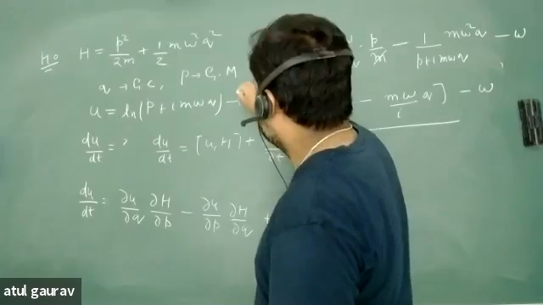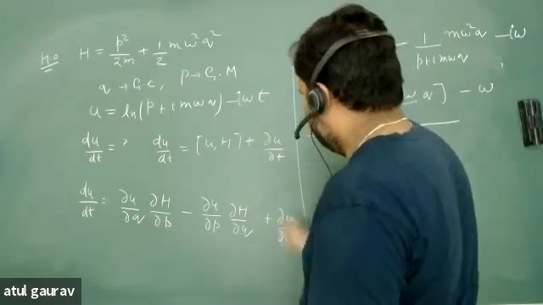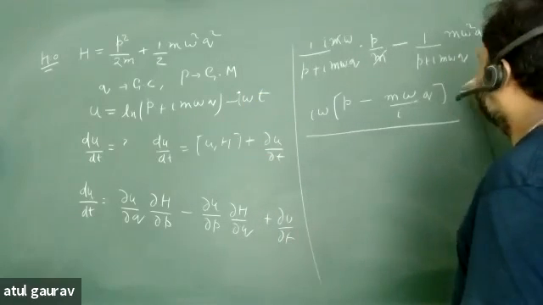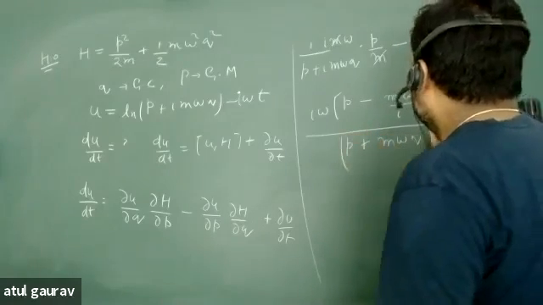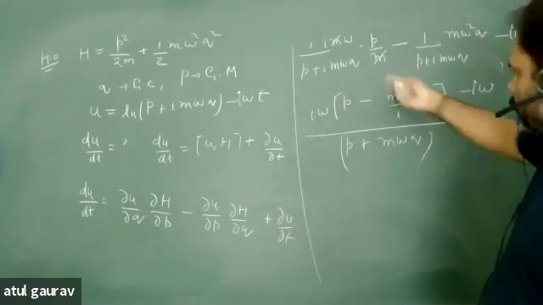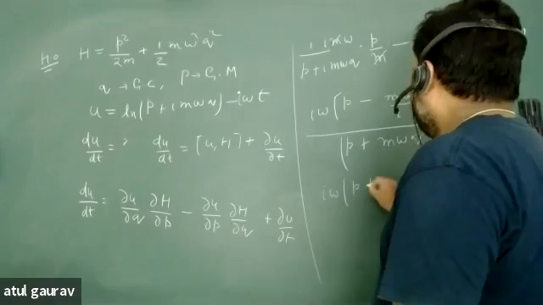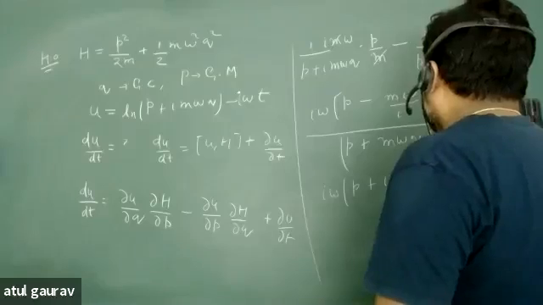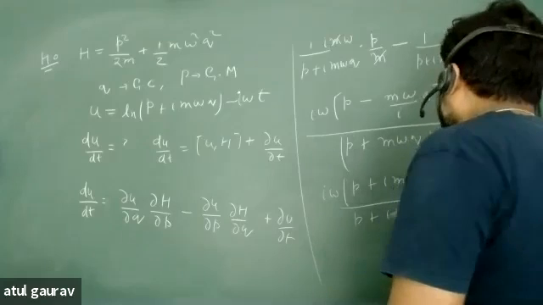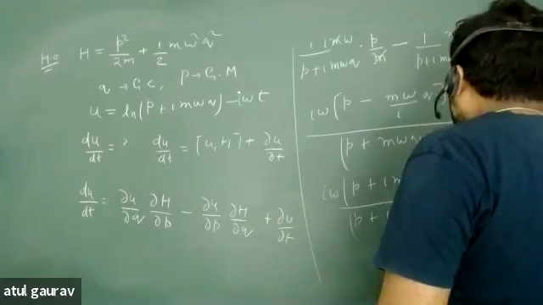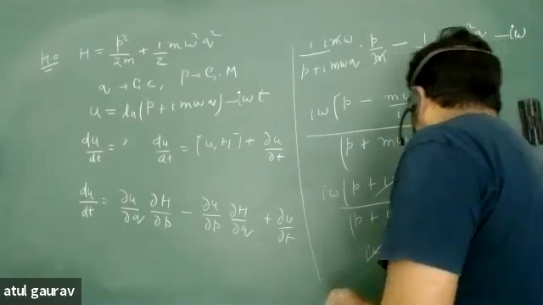So there is i ω, and this will be i ω/(p + i m ω q), and I can take i out above, then this will be plus. So what will happen? (i ω p + i m ω q)/(p + i m ω q) minus i ω, this and this. So i ω minus i ω is equal to 0.